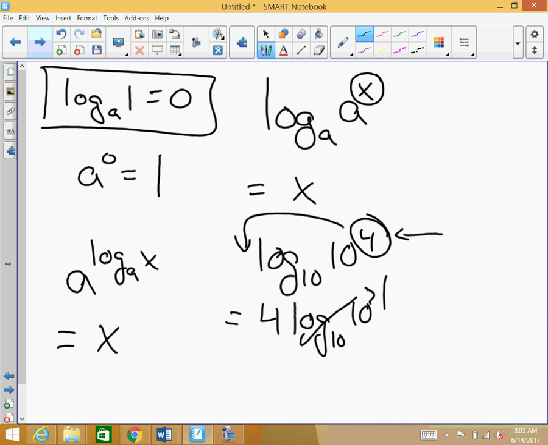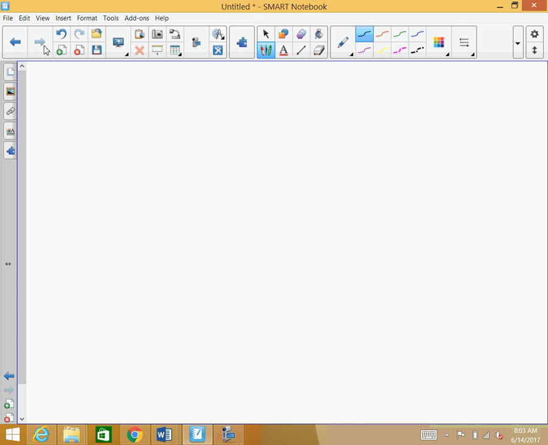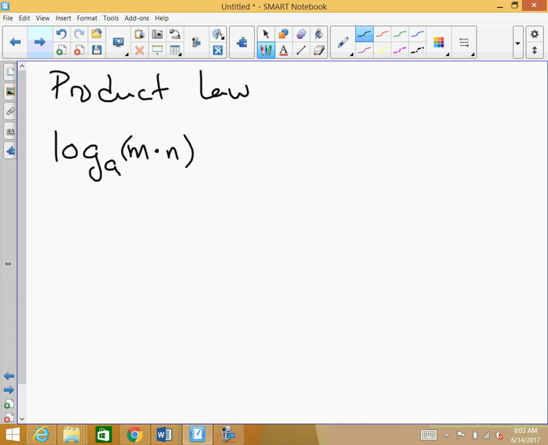Now, one of the first laws of logs is the product law. If I have log base a of m times n, that's going to be equal to log base a of m plus log base a of n.